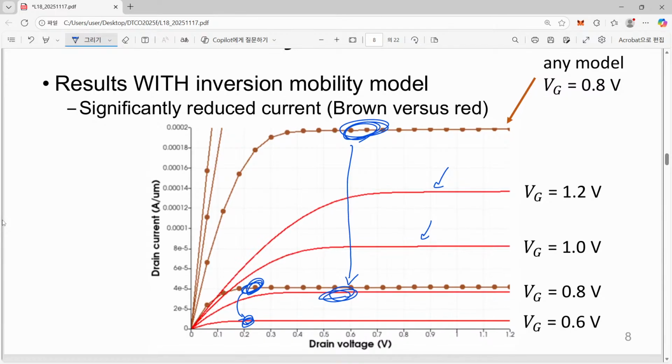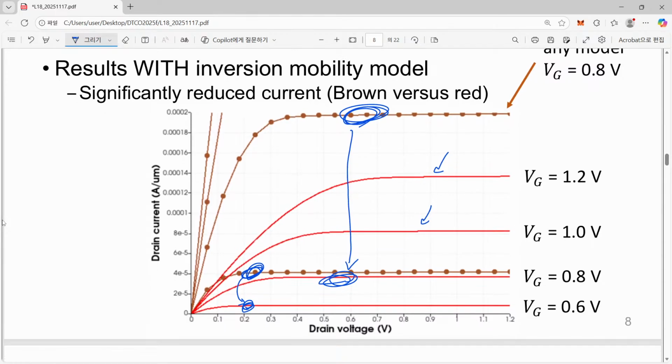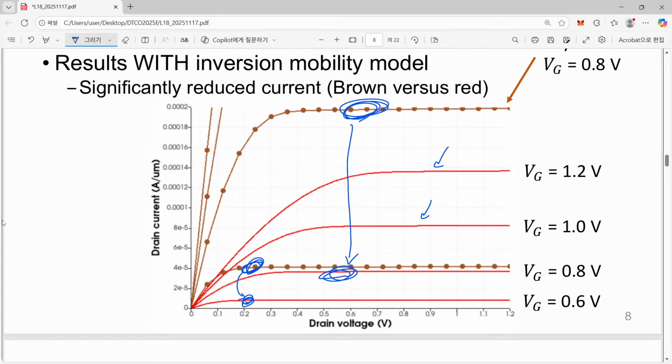So you will have a quite lower drain current, and you can see that its general shape still looks similar, it is just squeezed downward.